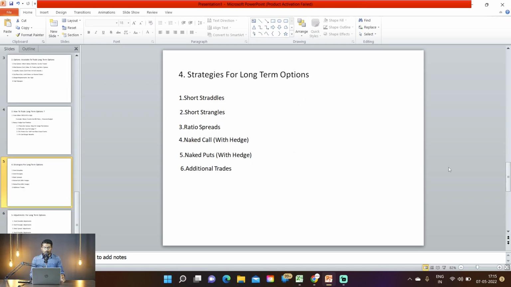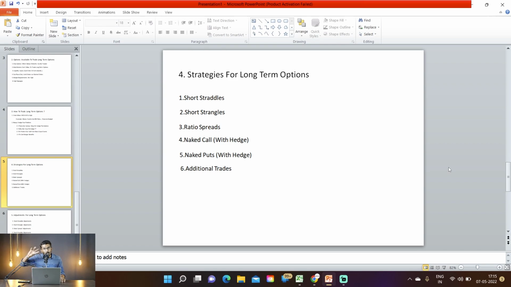I hope you understand. Now, you have seen how we can deploy the strategies, how long-term options are benefiting you, and how much profit they can give you. Whatever example I showed you is just for a short straddle. Is short straddle the only option? No, we can deploy many strategies. We can deploy short straddle, short strangle, ratio spread, naked call option, naked put option, of course with additional hedge.